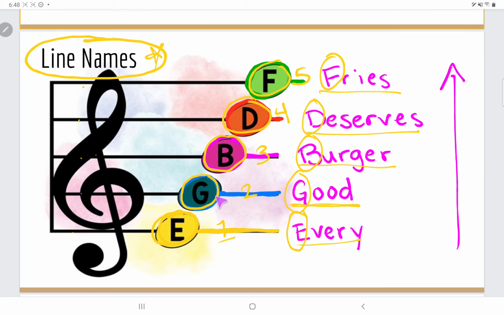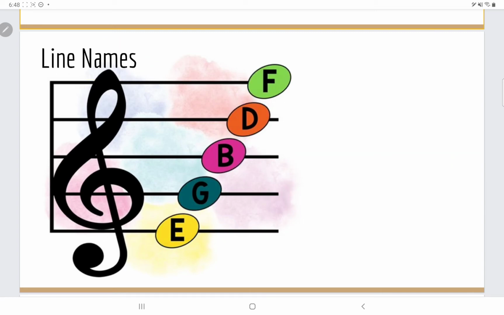Line number 2 is G, good. Line 3 is B, burger. Line 4 is D, deserves. And line 5 is F for fries. So our whole silly sentence is every good burger deserves fries. Okay, scholars, so let's keep going. Let's learn the names of the spaces.